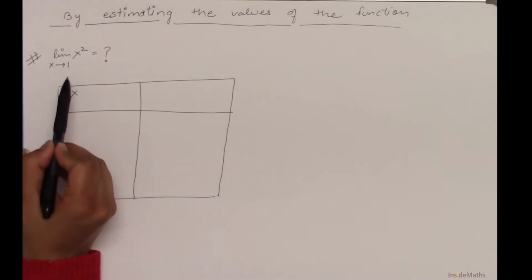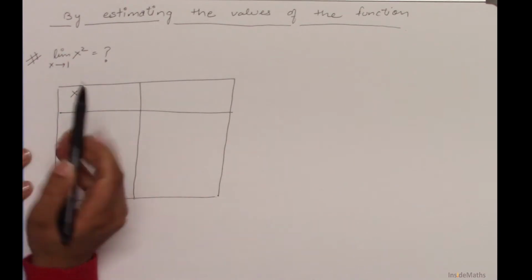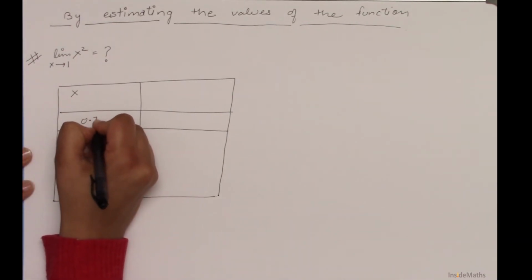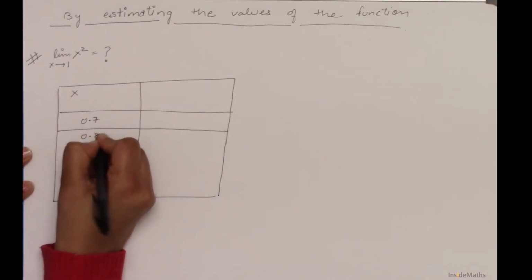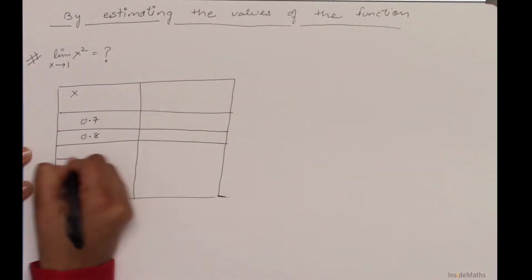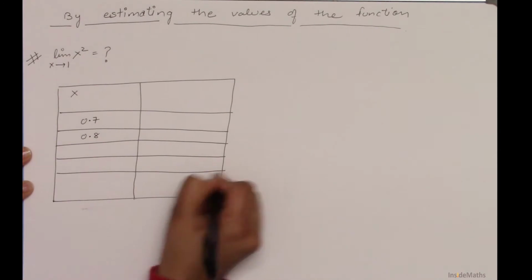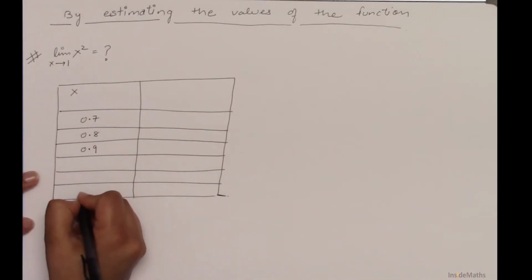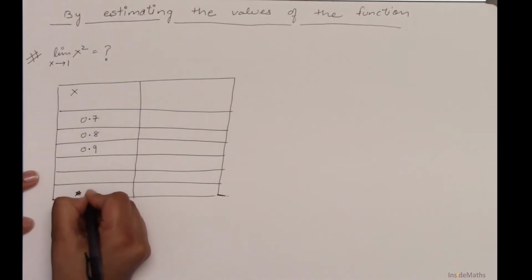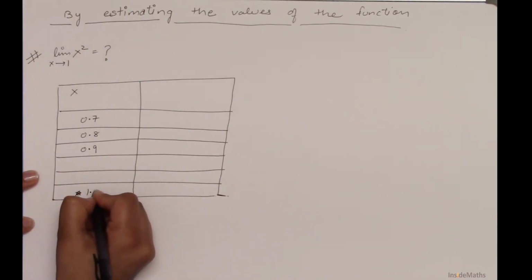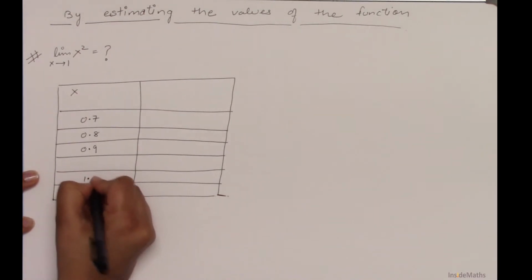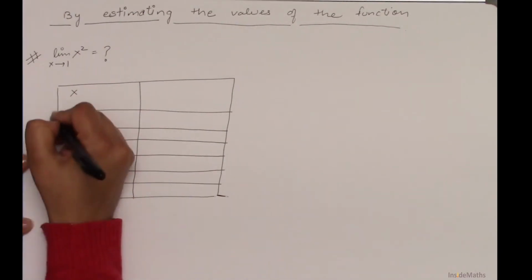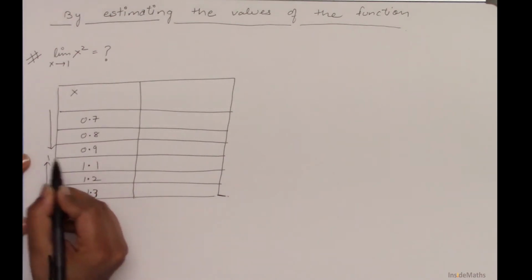Now I'll take some values of x near 1. It can be 0.7, 0.8, 0.9, and from the other side 1.3, 1.2, 1.1. Here the values of x are going closer to 1 from both the sides.